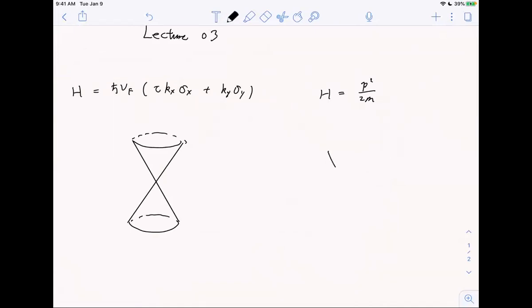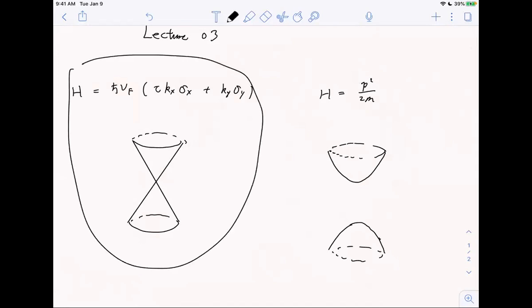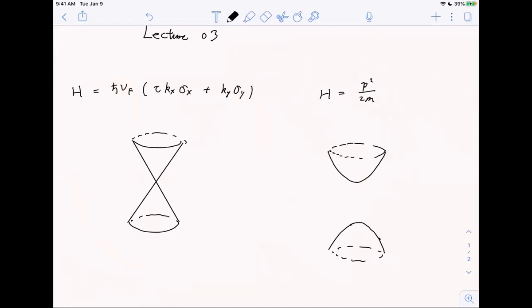It should be a parabolic band, like this, and you usually open a band gap, then you have another term. So these are the conventional particle. This is what we call the massless Dirac fermion in graphene.